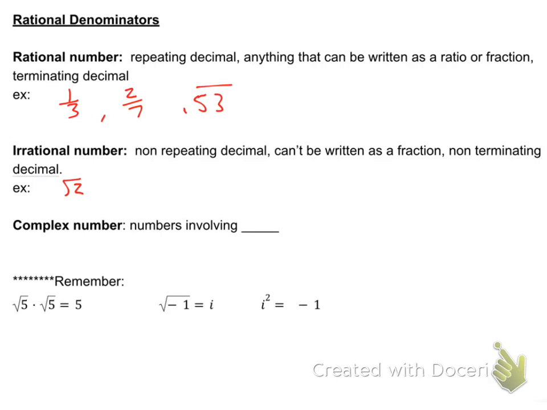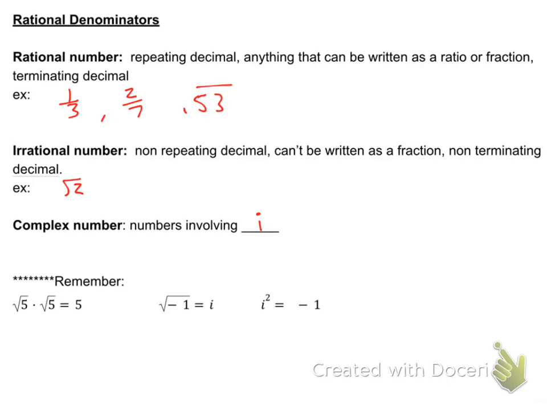And complex numbers, we know, are numbers that involve what letter? i. You guys need to remember some of these things in the bottom here, that any square root times itself will just result in the number inside. Square root of 5 times square root of 5 is 5.